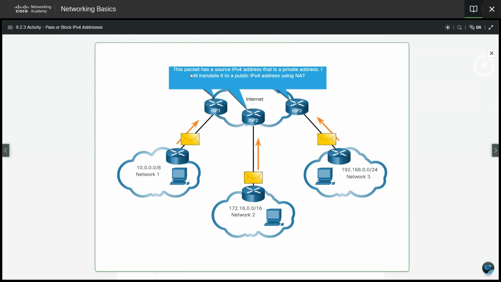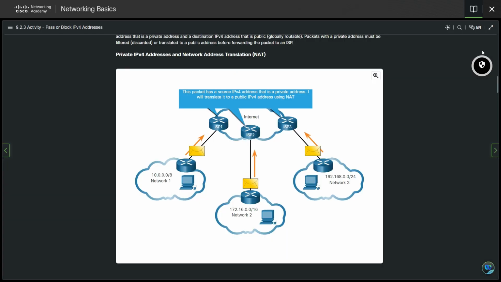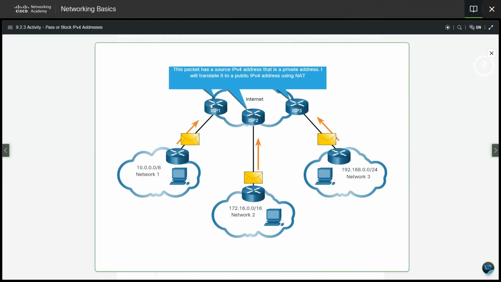In the image we can see this packet has a source IPv4 address that is a private address. It will be translated to a public IPv4 address using NAT. Okay, I remember what is NAT, network address translation. Okay, this is the router. Okay, network 1, network 2, network 3.